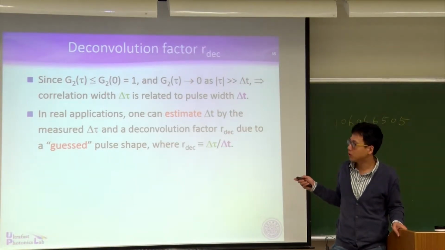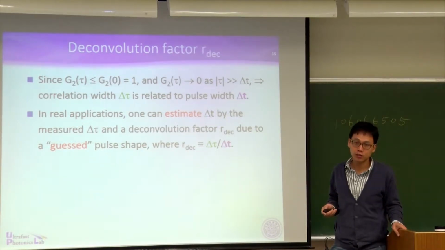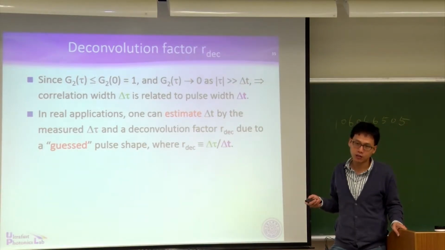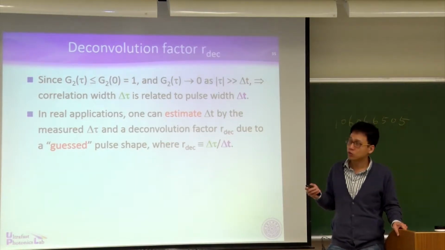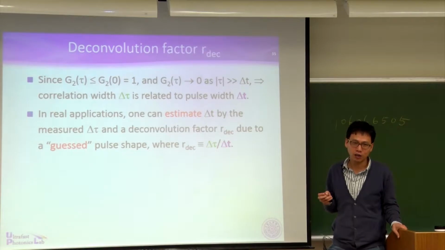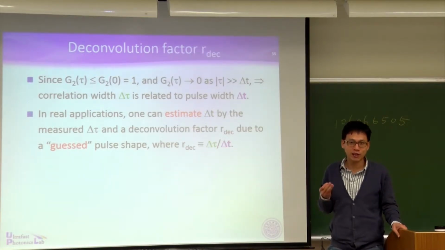For example, if it is Gaussian shape, the deconvolution factor is square root of 2, 1.41. And if it is a hyperbolic secant function, the deconvolution factor is 1.5 something. Okay, it depends on the shape. So you have to assume what is the shape of your signal pulse. And of course, it's not guaranteed.